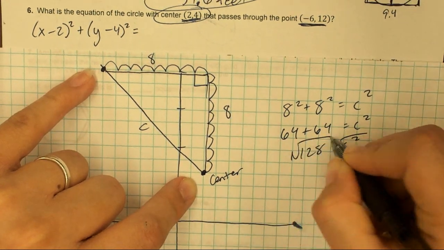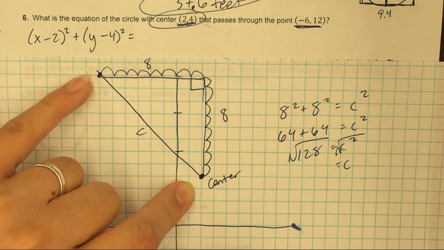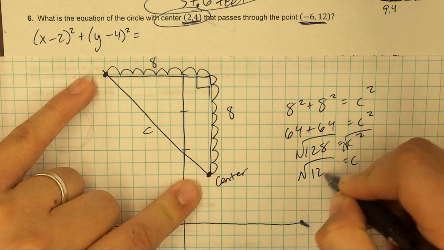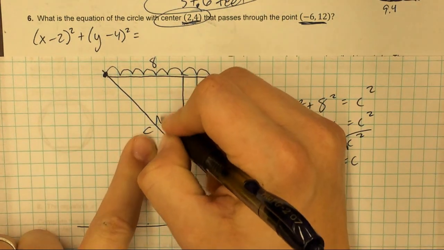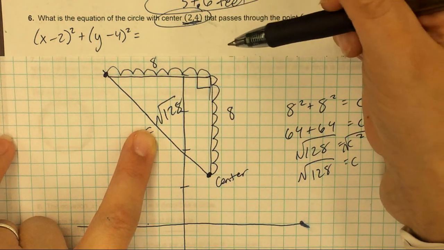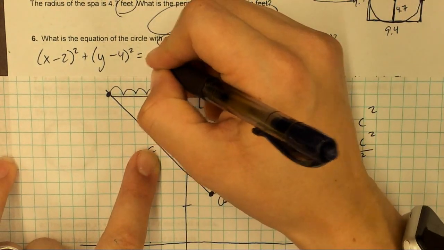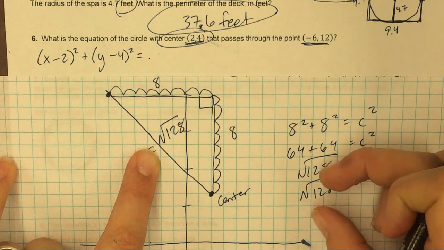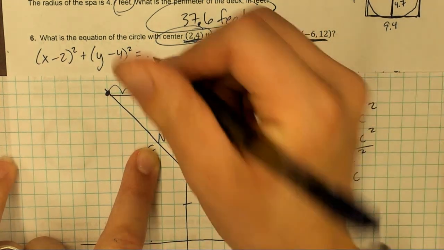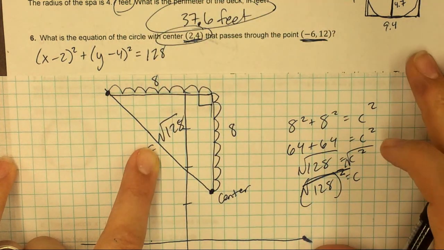Take the square root of both sides. This distance would be the square root of 128. Let's not do decimals for a second. The formula needs the radius squared, so this is my radius, and I had to square it for the formula. These cancel, and I'm just left with 128.